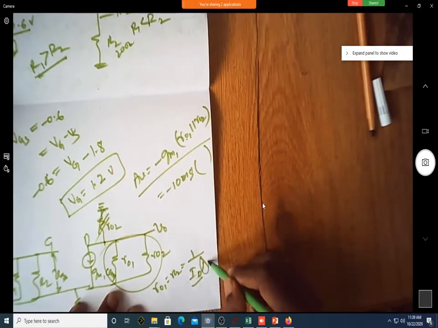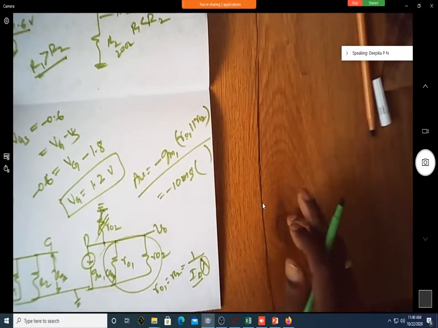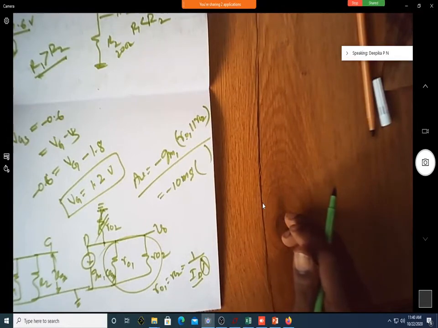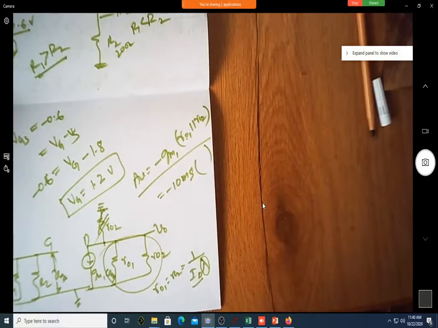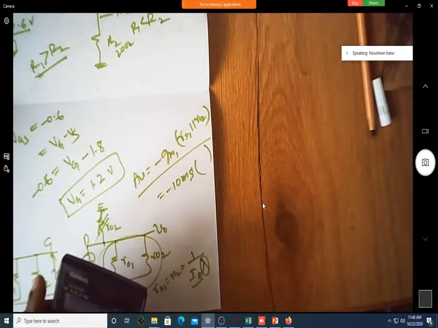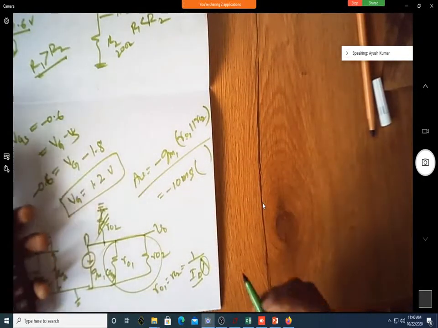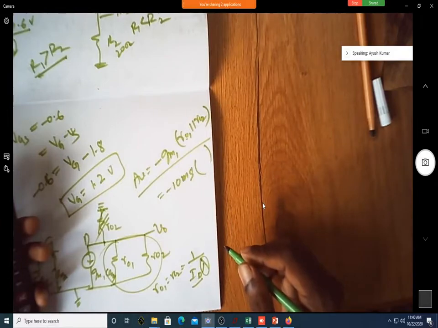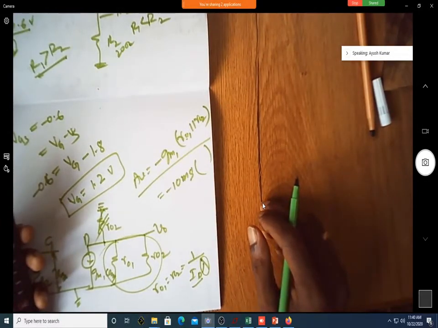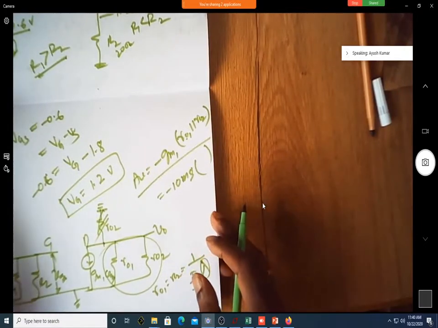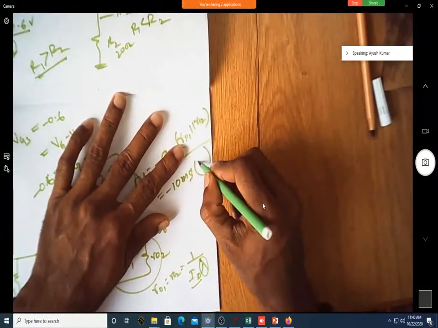Does the value of lambda we assumed is same for both of them, 0.01? Yes, sir. So then can you tell me what is R01, R02? 100 kilo ohm. Is both of them 100k? Yes. 100k in parallel with 100k will it not become 50k? 50 kilo ohm.